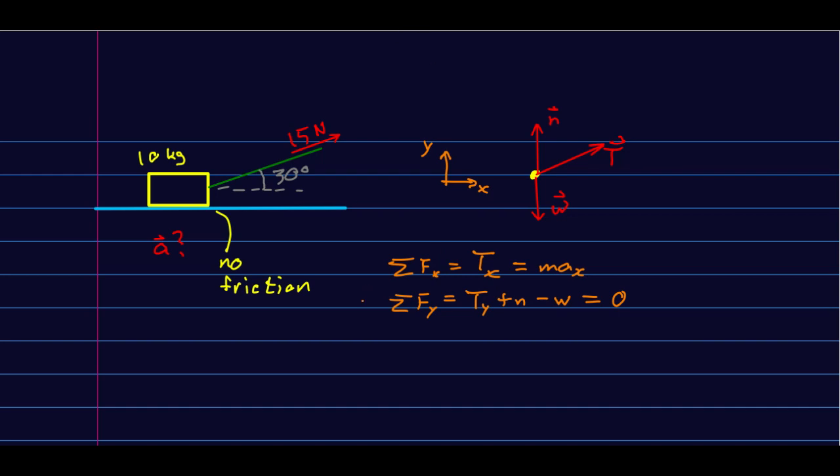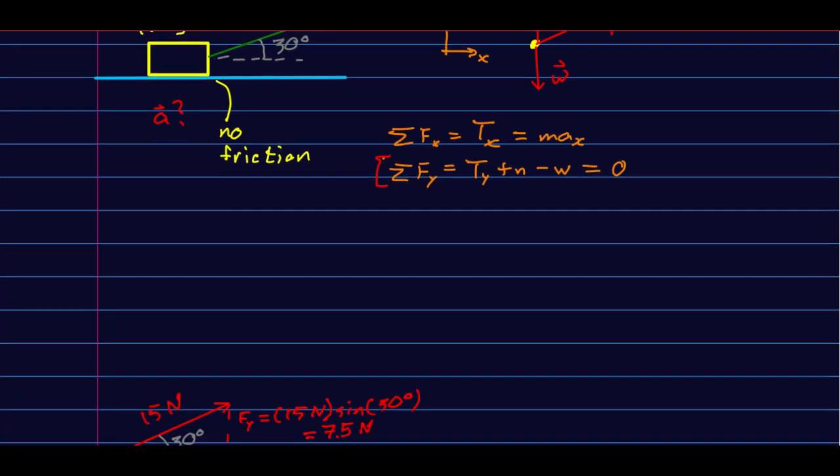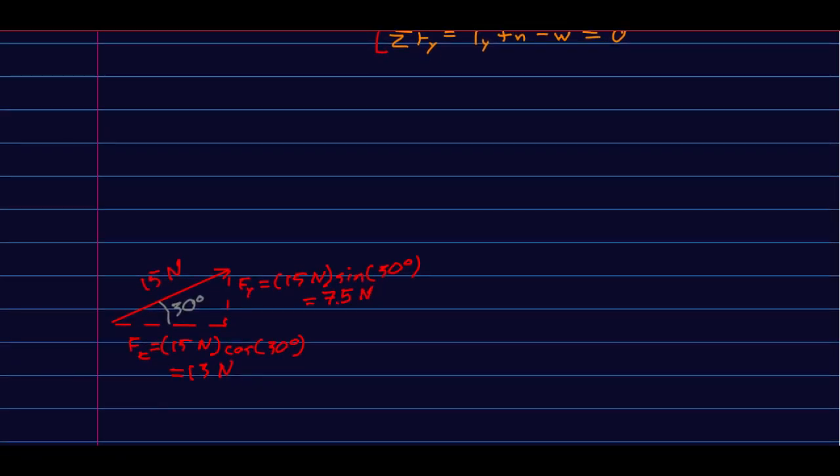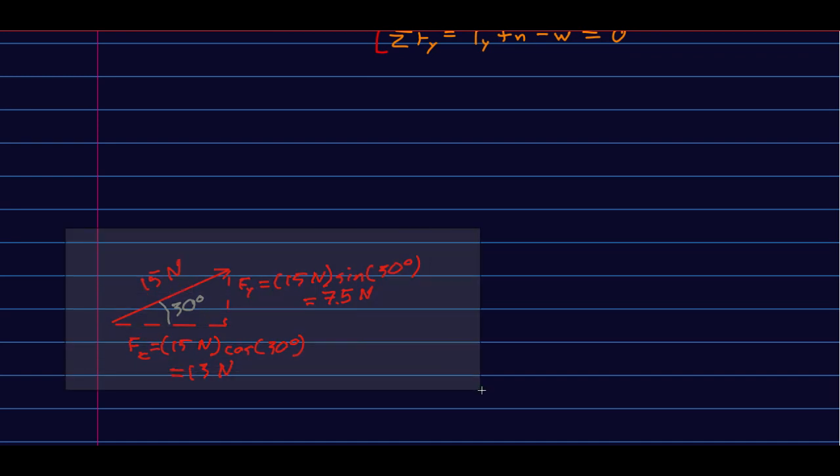But now, look, we don't need the y component here. This is perfectly solvable. We just have to do a little bit of trig for our T_x, which I've already done. So here it is if you want to check my math.